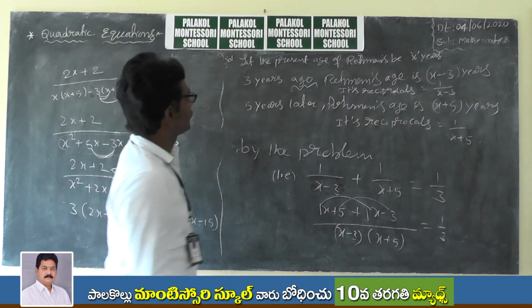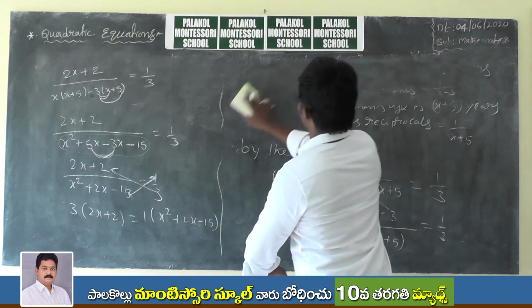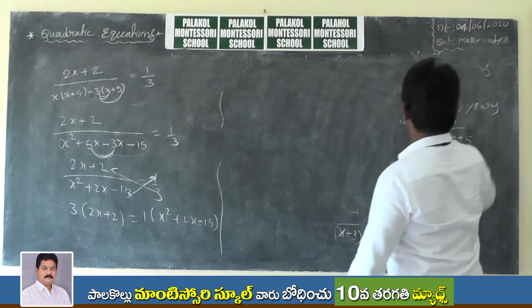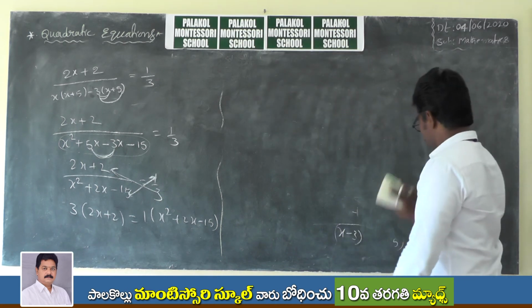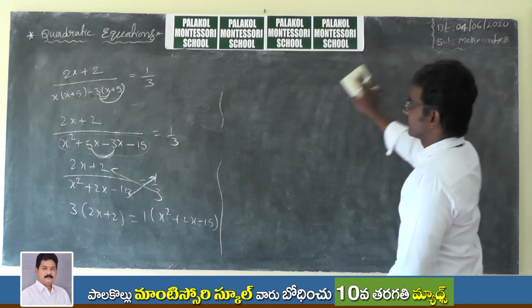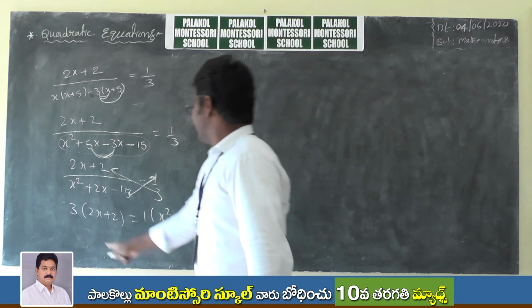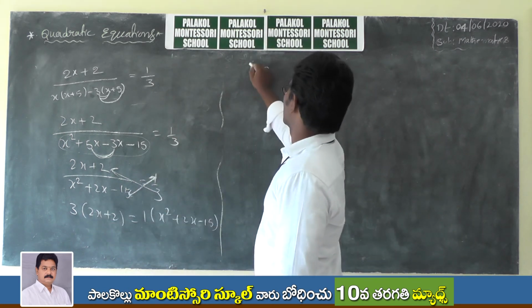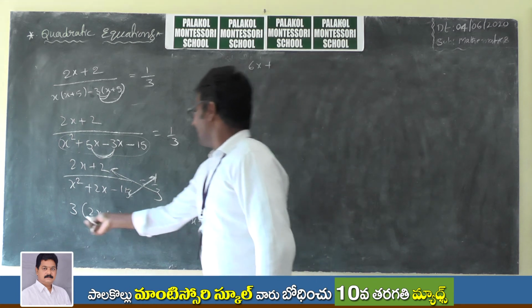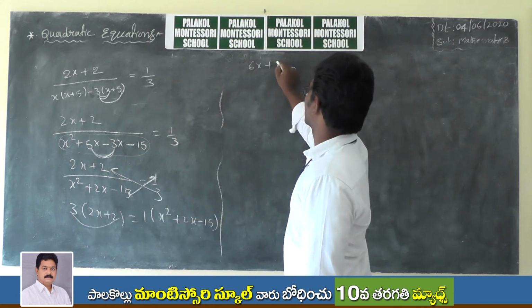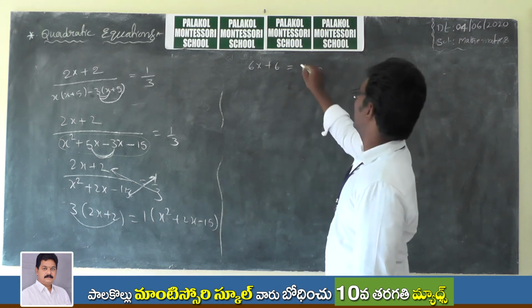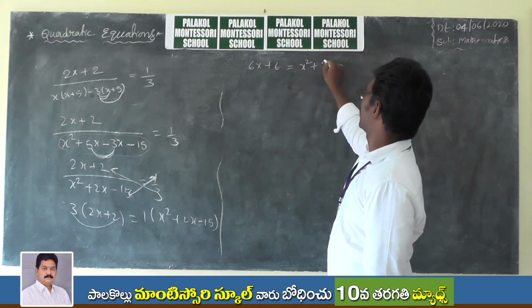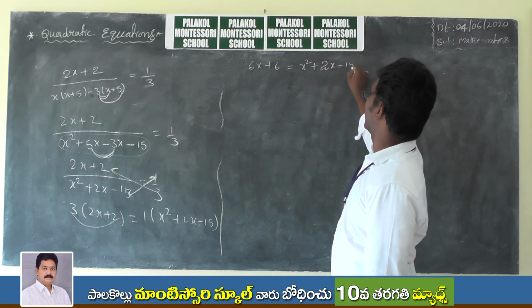Now see, 3 into 2x is 6x, plus 3 into 2 is 6, equal to 1 into x square plus 2x minus 15.